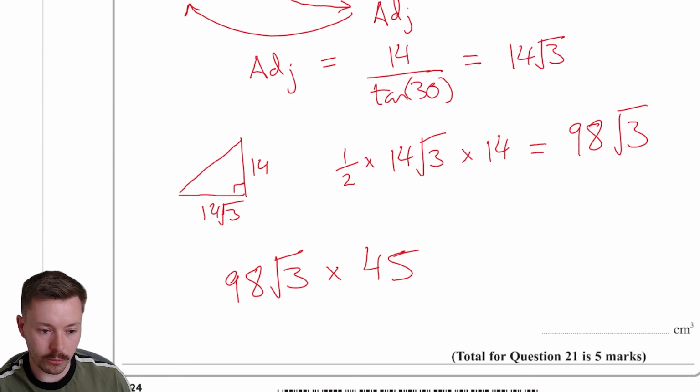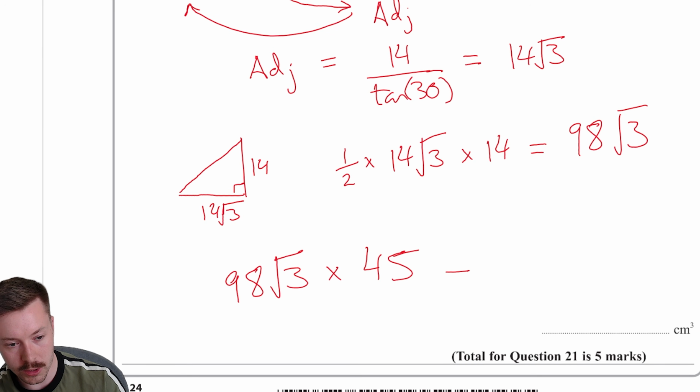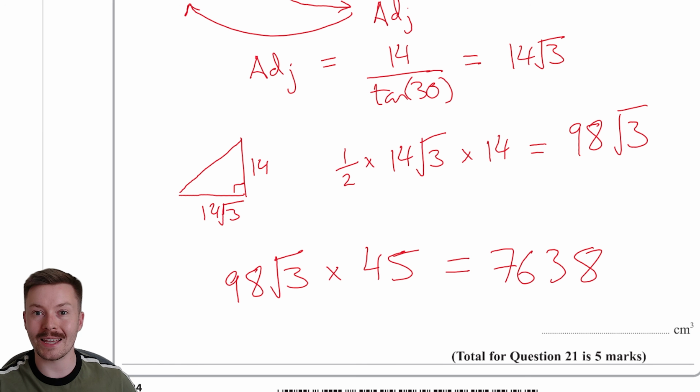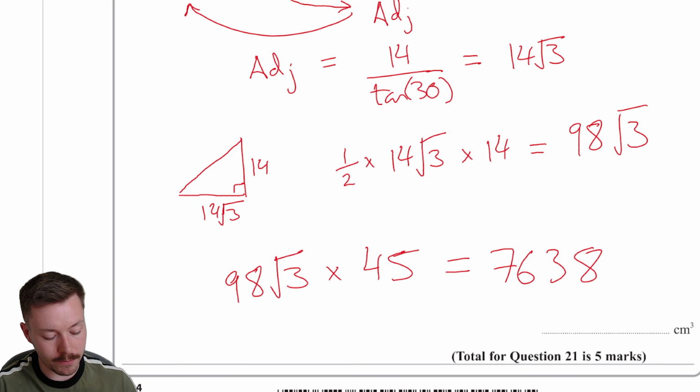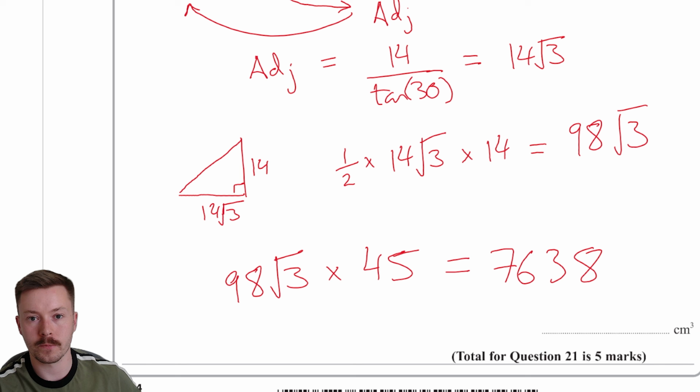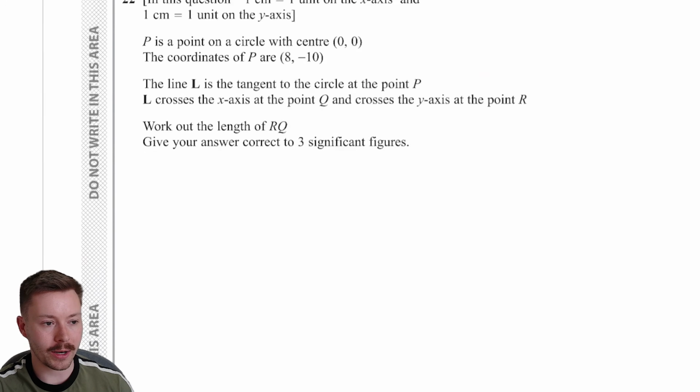Correct to the nearest whole number, it does. So 7638 centimeters cubed to the nearest whole number. Okay, that carries on to being 7638.34061. Okay, super. Nearly there.